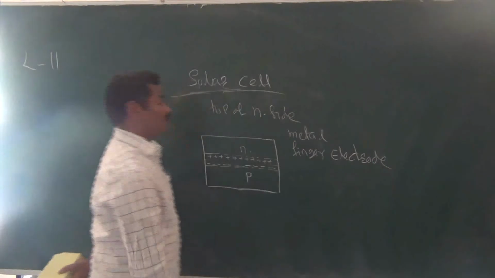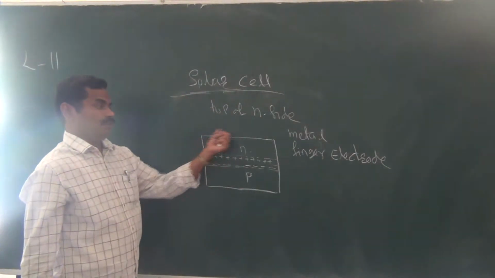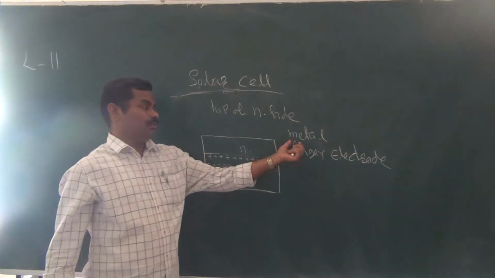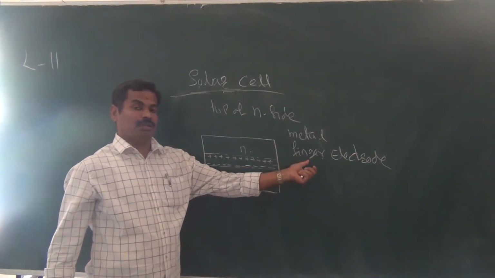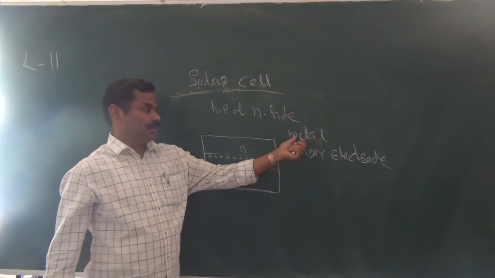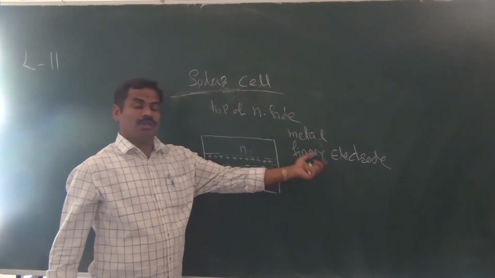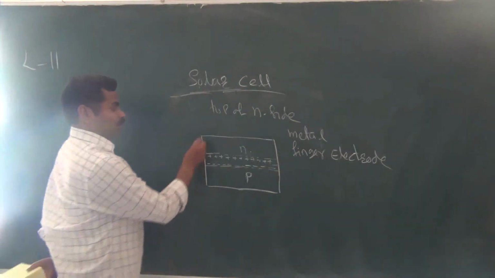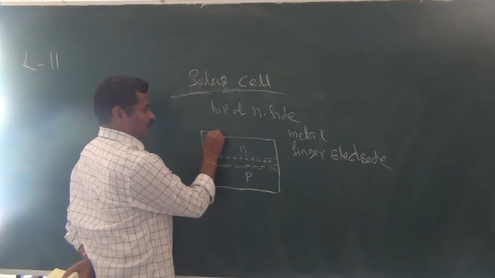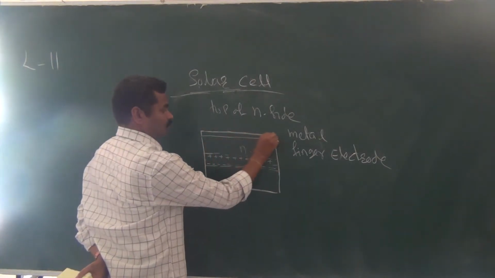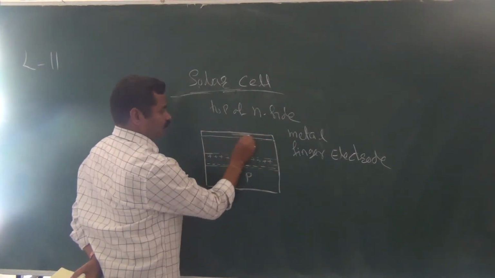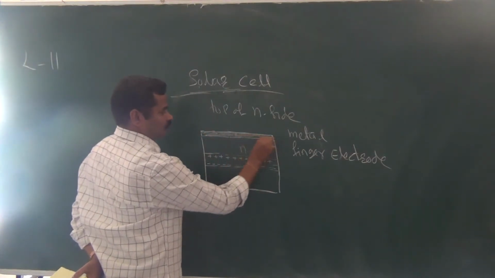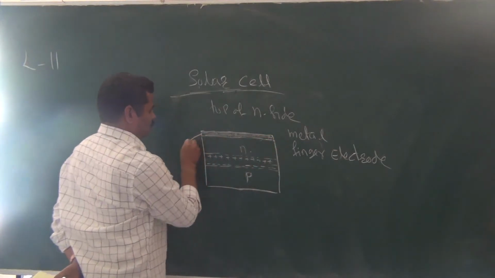On the top side of the N side, we are using metal finger electrodes, or silver finger electrodes, because silver is a good conductor of electricity. These are nothing but metal contacts.